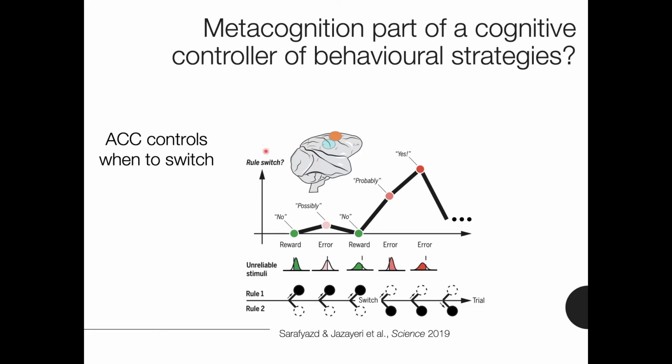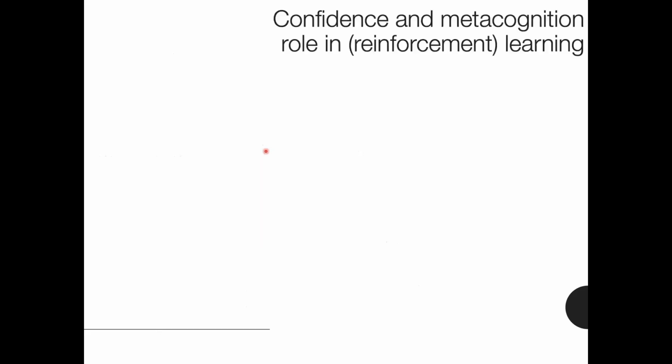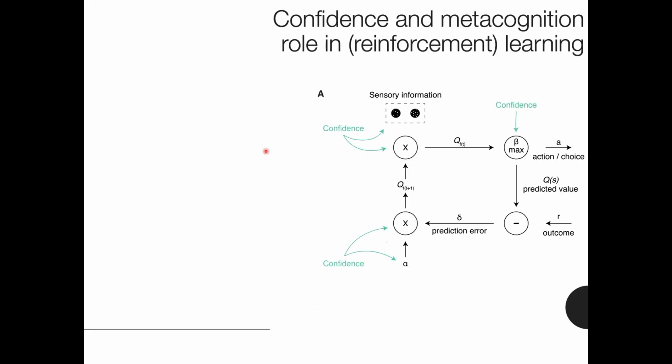And we also know that in humans, the ACC is really related again to metacognition, to confidence as a certainty, as a probability of making a correct judgment or correct response. So I really think that overall, confidence and metacognition do play a prominent role in reinforcement learning.